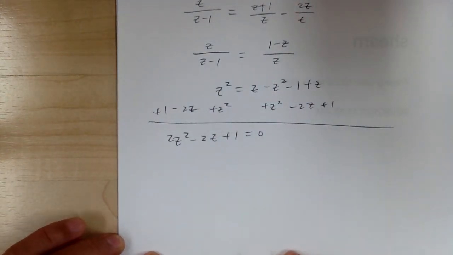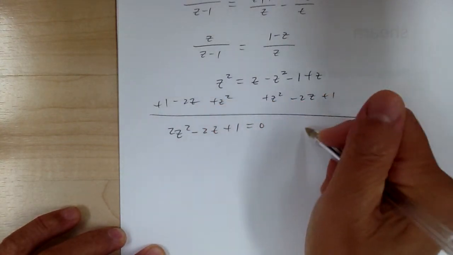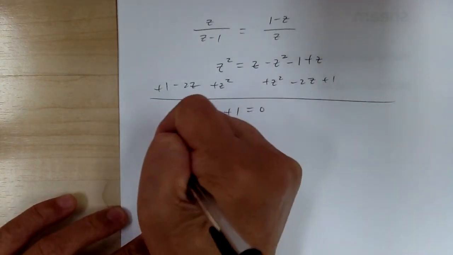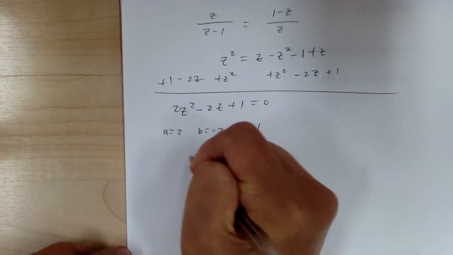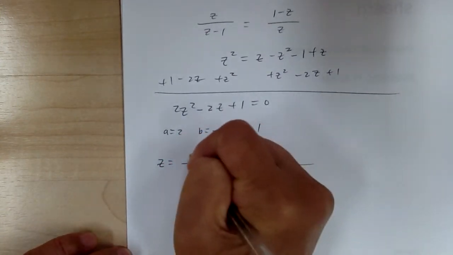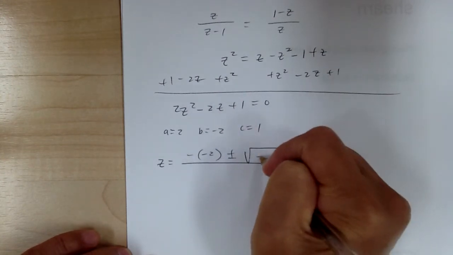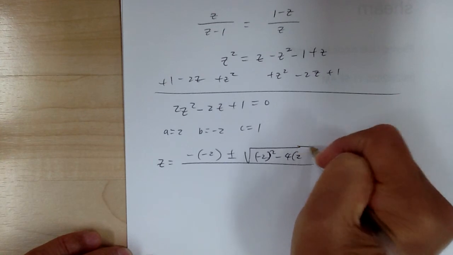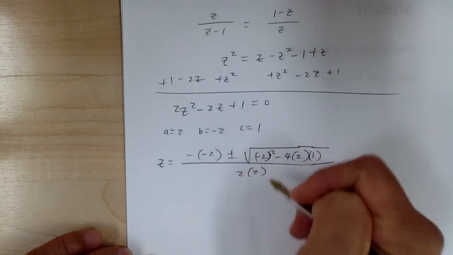And then from here, we're going to use the quadratic formula, because if you try to factor, this is not going to factor nicely. So a equal to 2, b equal to -2, c equal to 1. So z equal to negative b plus or minus square root of b squared minus 4ac over 2a.